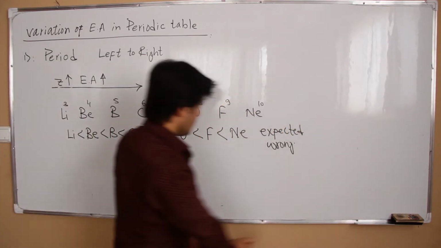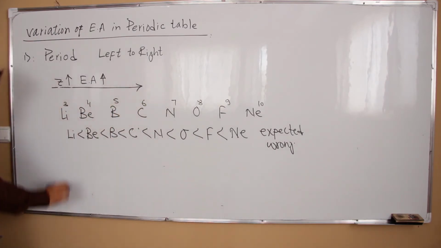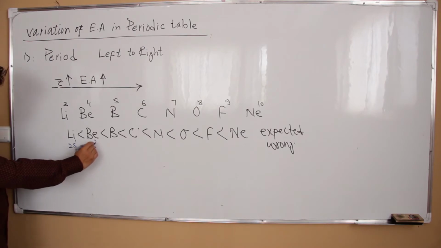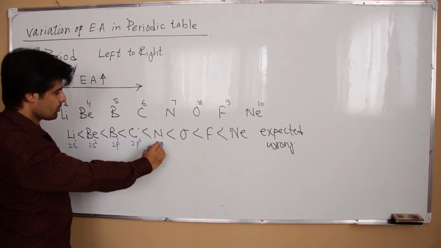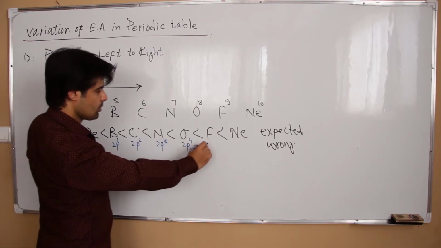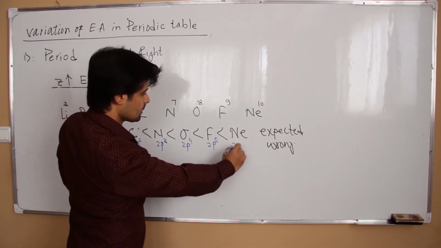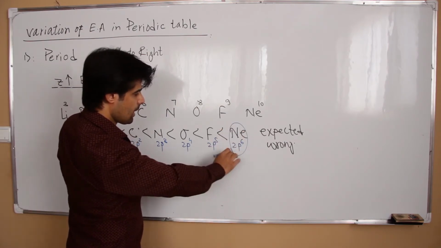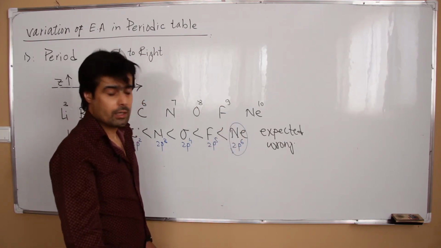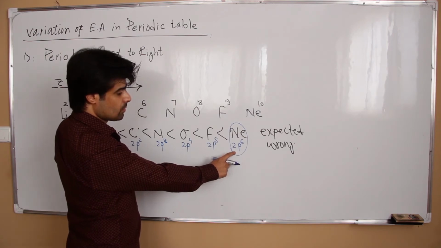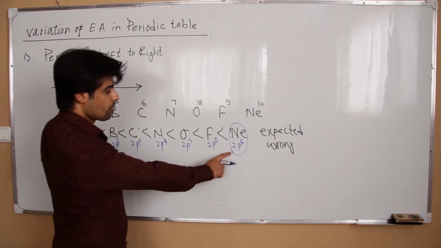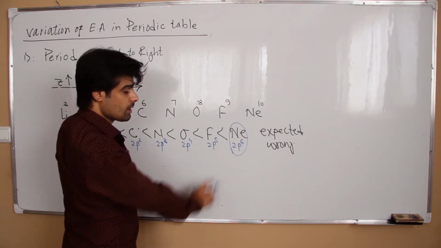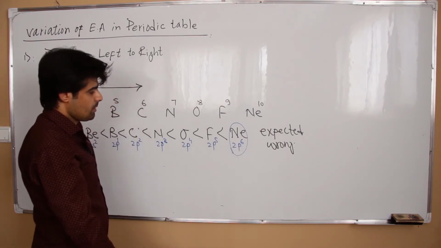So this is 2s1 in the last shell, 2s2, 2p1, 2p2, 2p3, 2p4, 2p5, 2p6. This one is fulfilled. If it is fulfilled, it does not need an electron anymore. It already has 6 electrons in the last p orbital.